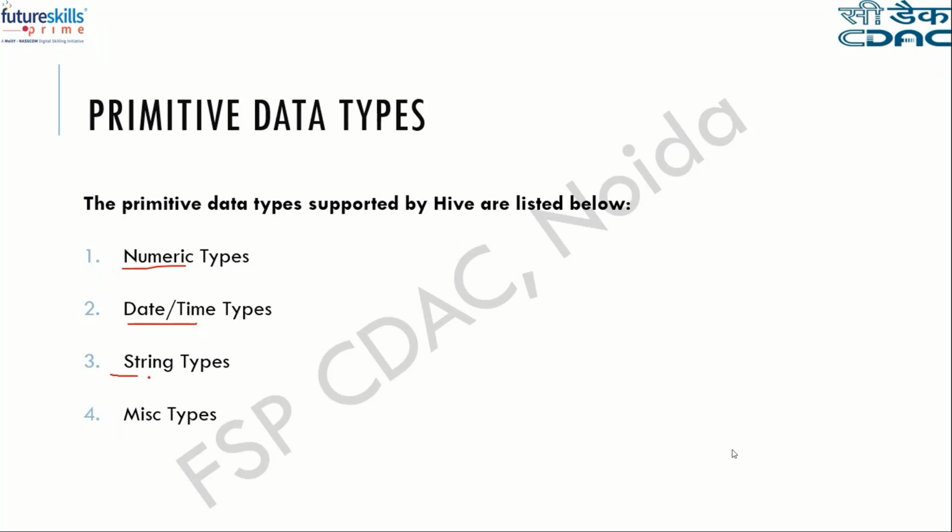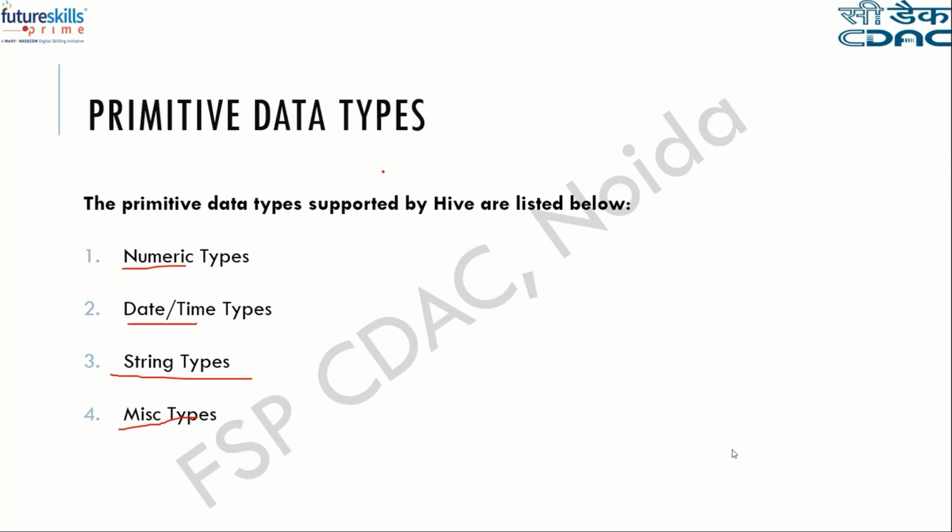When you have strings like name, address, phone numbers, you can use string data types. Miscellaneous types are Boolean types, where you have a yes or no answer, a 0, 1 value, or a true, false value. So these are the primitive data types.